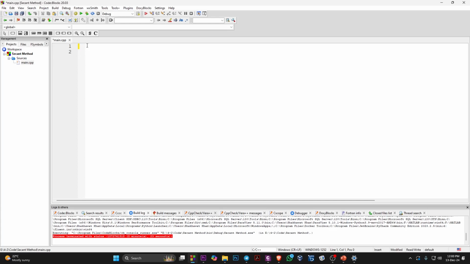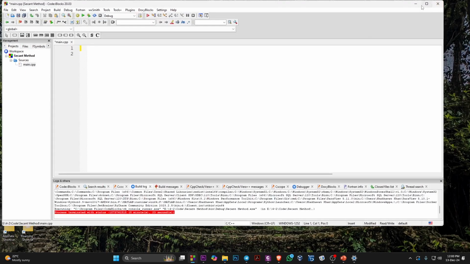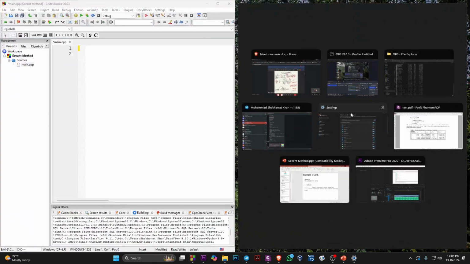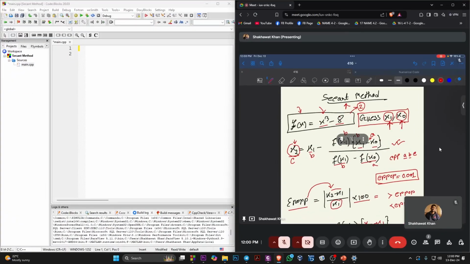This is our C++ interface, and I would like to share my screen and this problem, which will help you understand the whole thing.